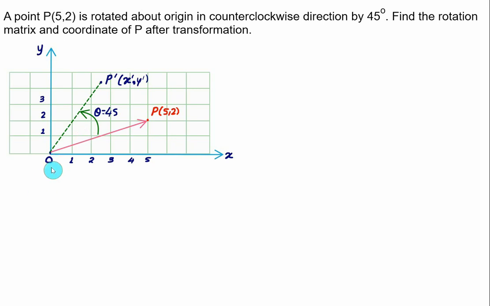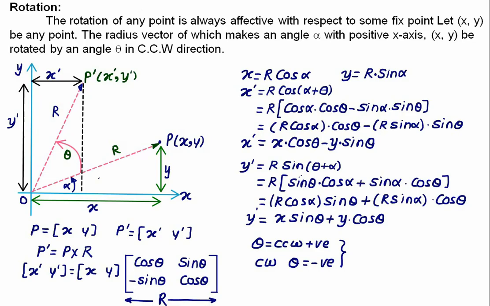As we discussed in the theory, if the point P(x, y) is rotated about the point O in an anti-clockwise direction by theta, then P prime is equal to P into R. P prime is x prime, y prime, P is x, y, and the rotation matrix is cos theta, sin theta, minus sin theta, cos theta. We'll use this result to find the rotation matrix and the coordinate of point P after transformation.